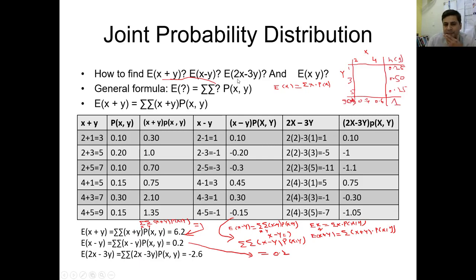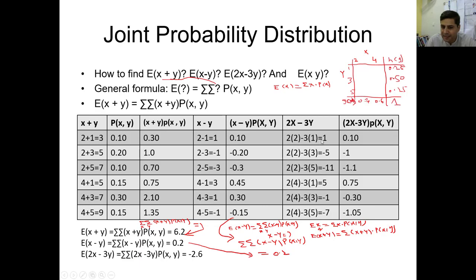Now they are asking you how you will calculate 2x minus 3y. This is very simple. When x is 2, 2 multiplied by 2 is 4, and minus 3 when y is equal to 1, so it will be equal to 1.